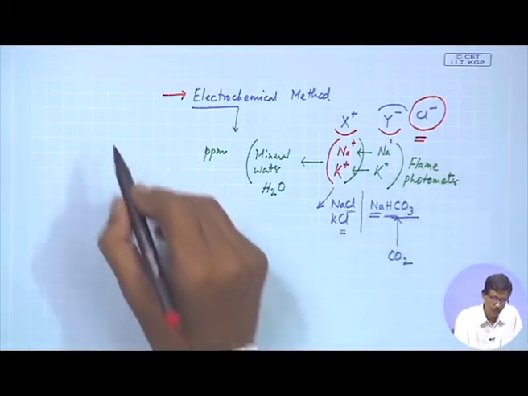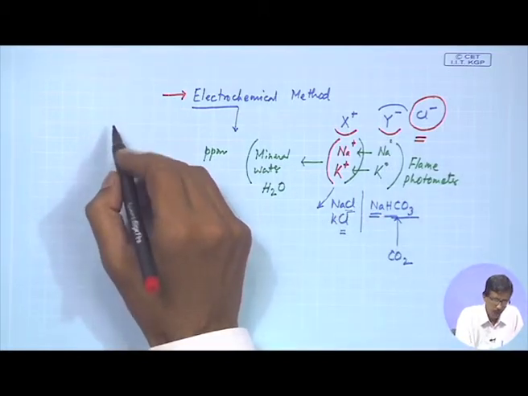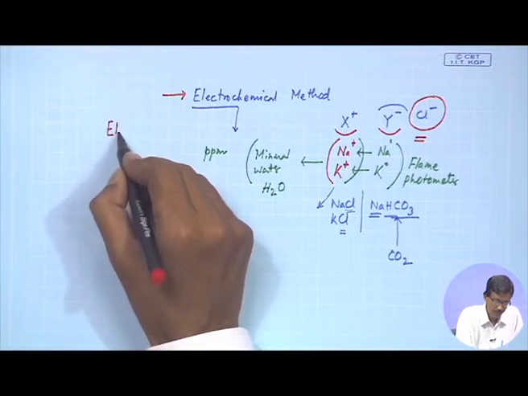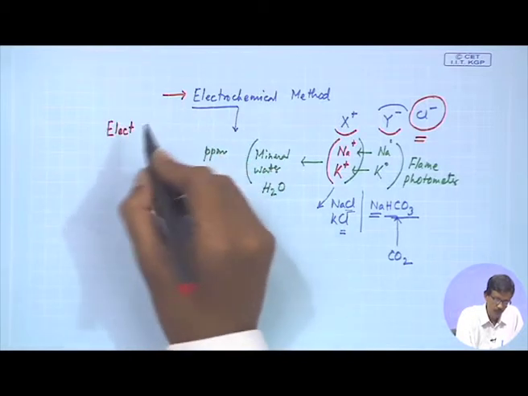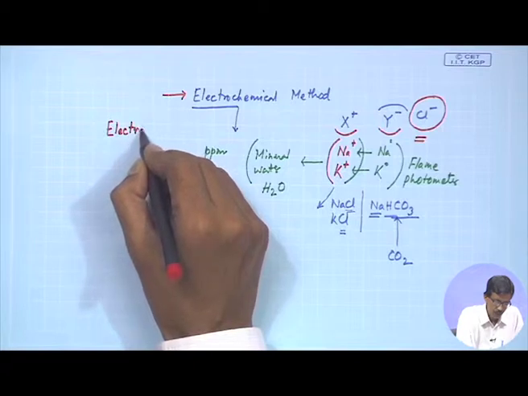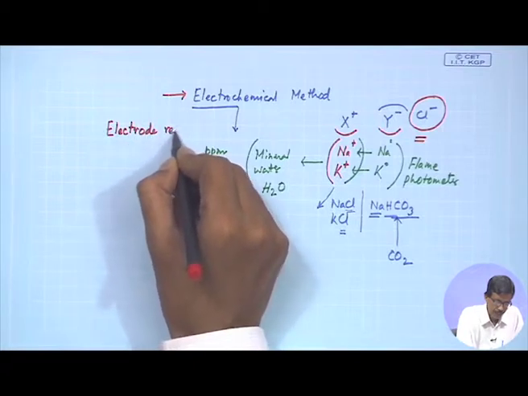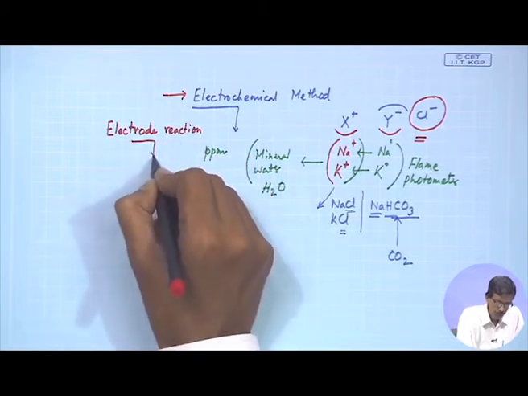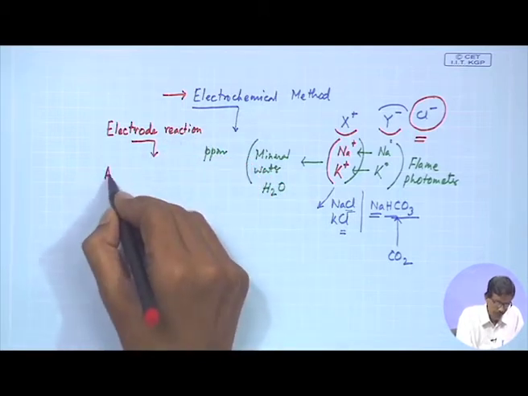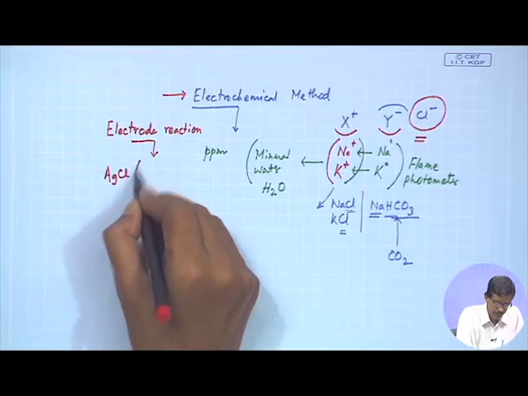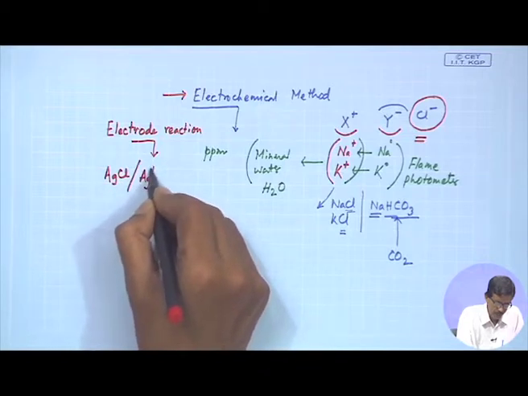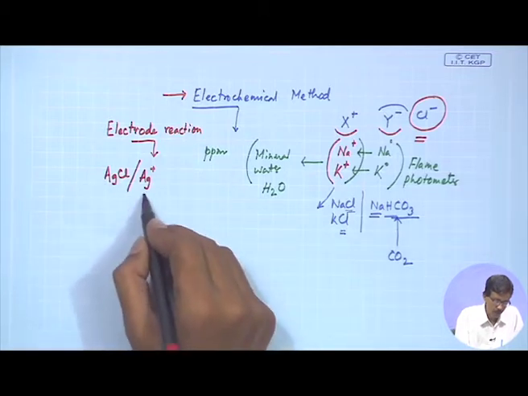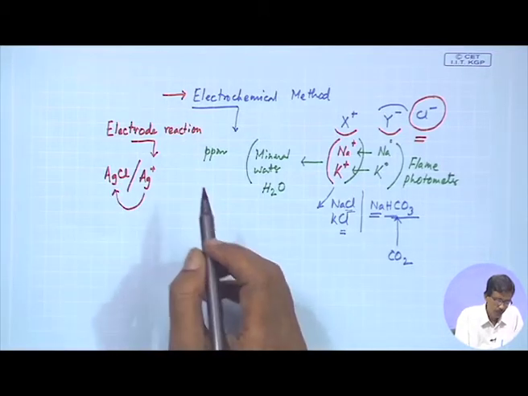we can think a little carefully about the process of some electrode reaction, which we have been discussing for many classes. One such half cell reaction we have seen is AgCl, Ag plus, that is, when silver ions are there.